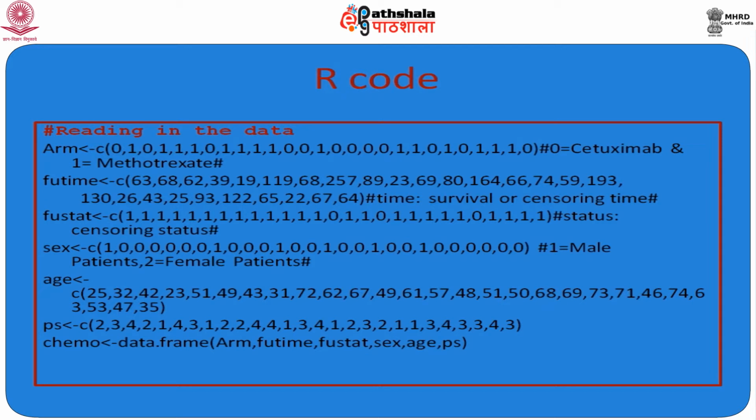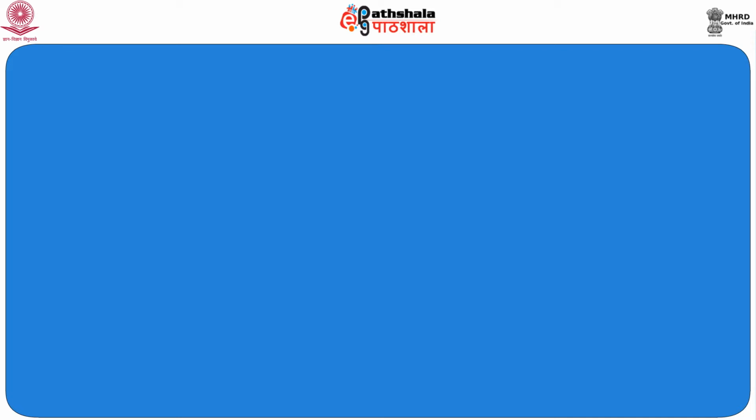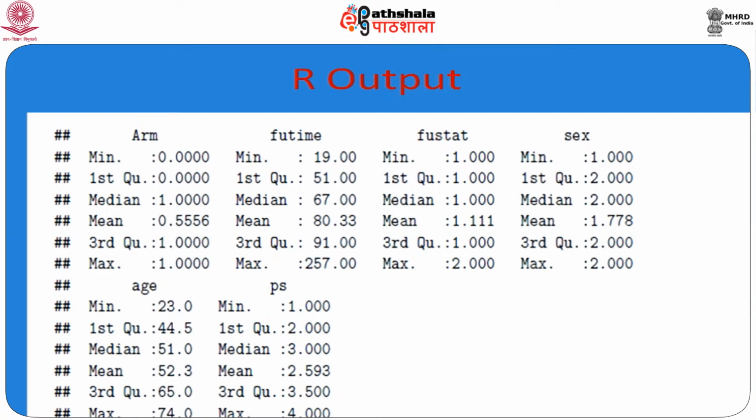Now we are calling summary of chemo to get the basic descriptive statistics about the data. The arm variable has minimum value 0 and maximum value 1, since we have considered only two groups. For follow-up observations, the minimum is 19 and the maximum is 257 days.